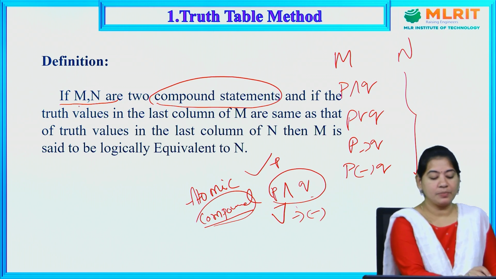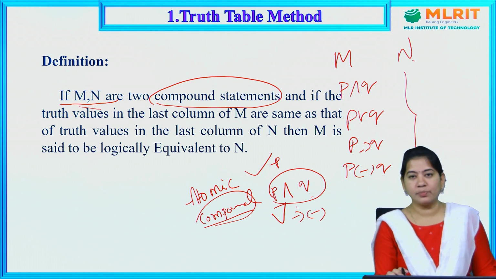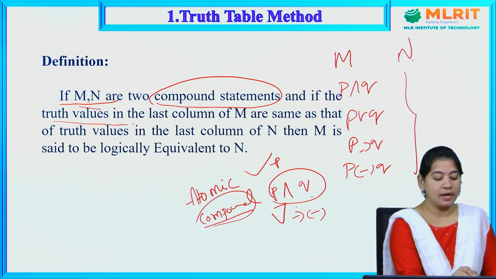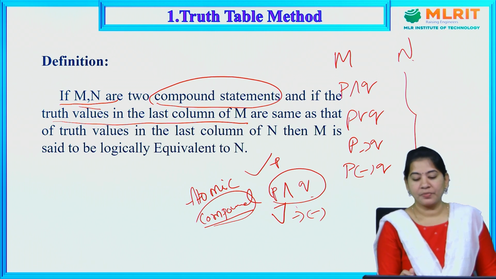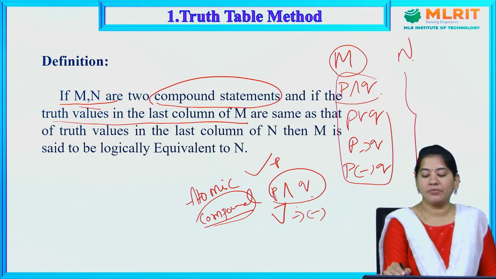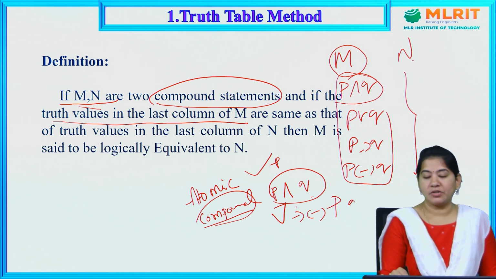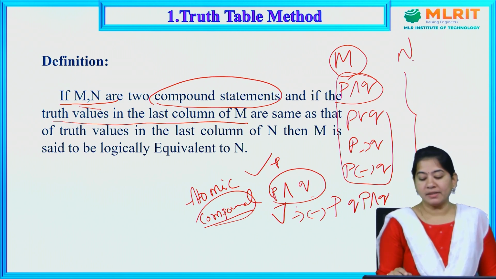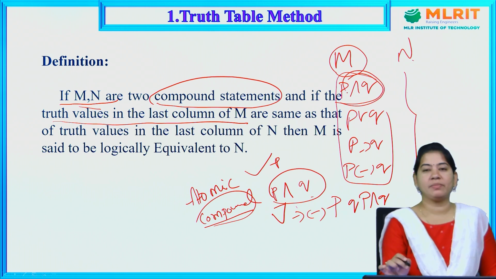Let us suppose m and n are two compound statements. If this is a compound statement, you will not get the resultant directly. First you need to consider p individually, q individually, and then the compound statement. You will not get the compound statement directly as the last column.